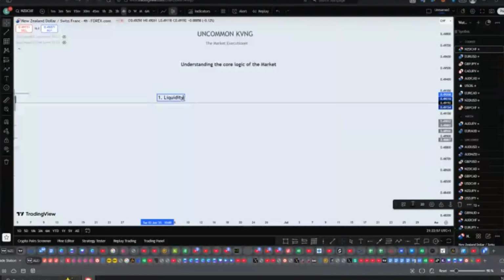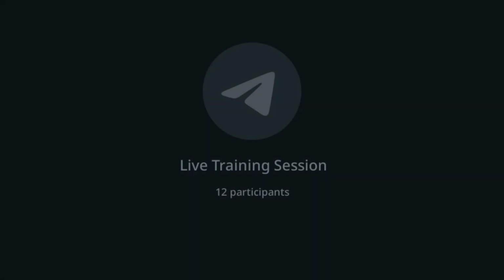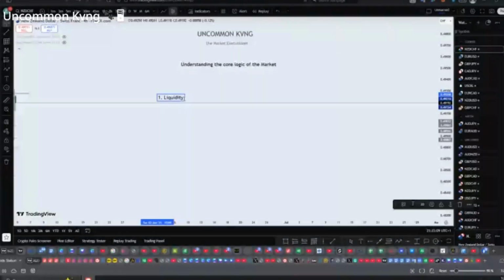Then inside those, there are price elements, which I've made you understand: expansion, retracement, reversal, and consolidation.